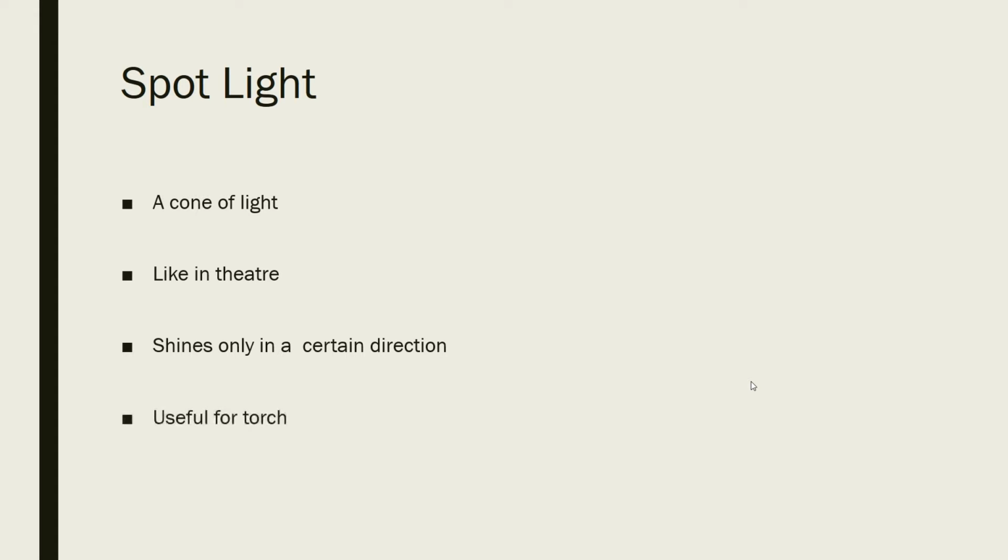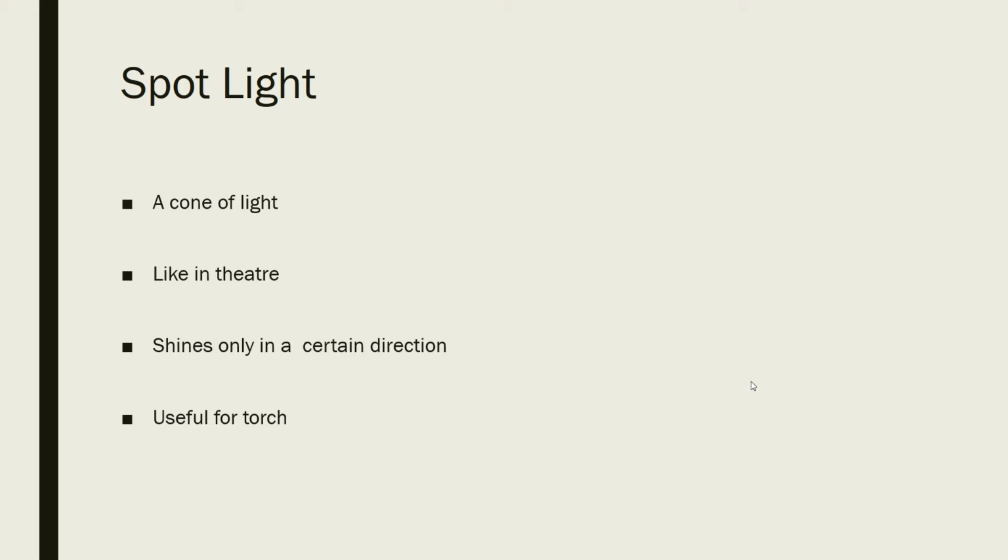Now the spotlight, this is just like in theatre. It's a cone of light, so a circle of light, just like when you go to watch a ballet and there's a spotlight being moved by somebody around a dancing figure. It only shines within a certain circle.